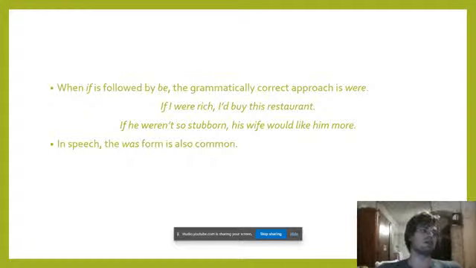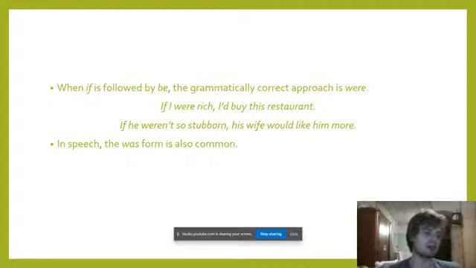If we are in a formal setting, or if we write things down that is going to be read by a stranger without a set standard of familiarity to that person, we use: if I were rich, if he were rich, if she were rich, or whatever other adjective we want to use, we use the were.